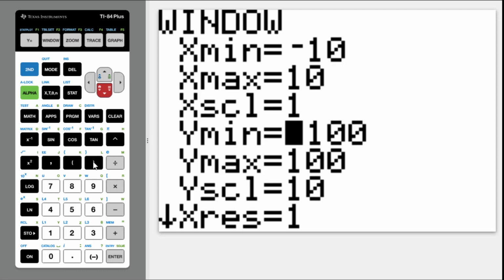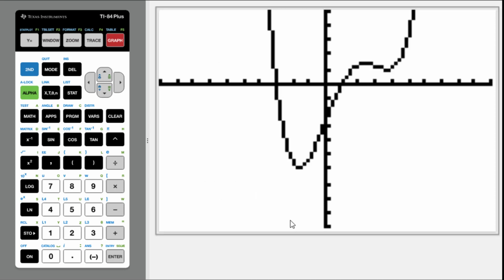This time for y minimum, let's turn it into negative 200. Maximum 100, you don't have to change. For the scale, let's turn it into 20. Then graph. We need to figure out this minimum value, maximum value, and minimum value.